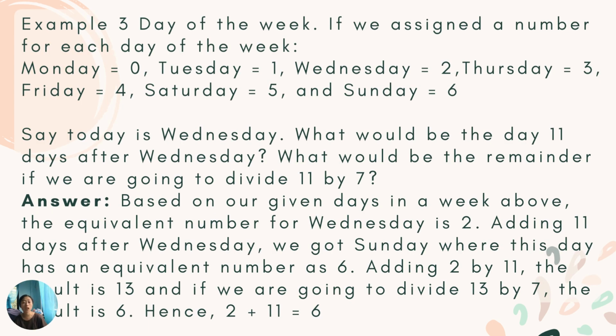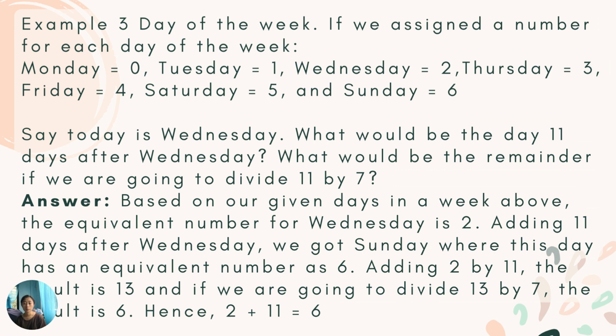Example 3, day of the week. If we assign a number for each day of the week, for example, Monday 0, Tuesday 1, Wednesday 2, Thursday 3, Friday 4, Saturday 5, and Sunday 6. Say today is Wednesday, and what would be the day 11 days after Wednesday?